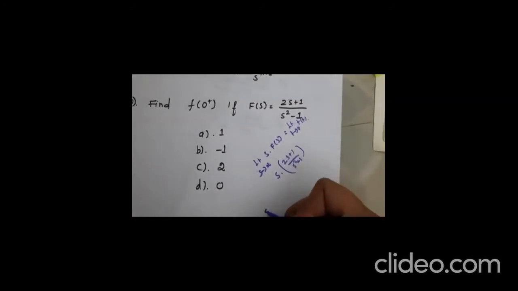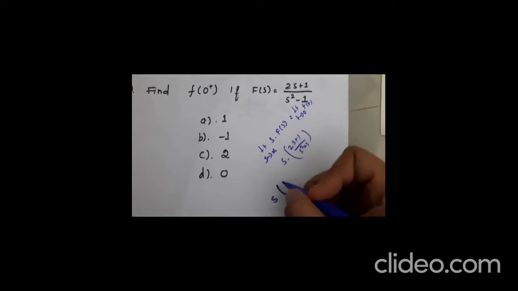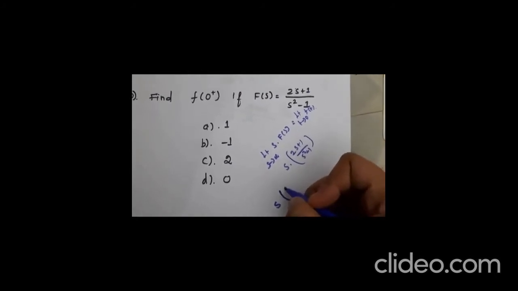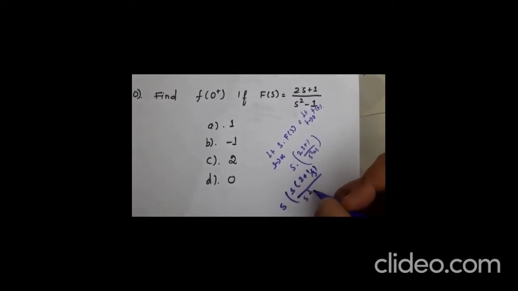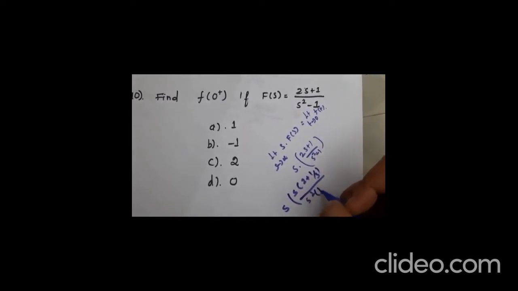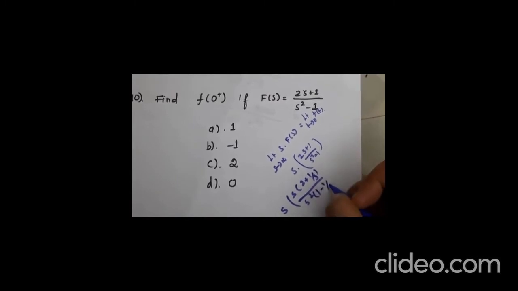Taking s outside from each term, that becomes 2 plus 1 by s divided by, taking s square outside, 1 minus 1 by s square.